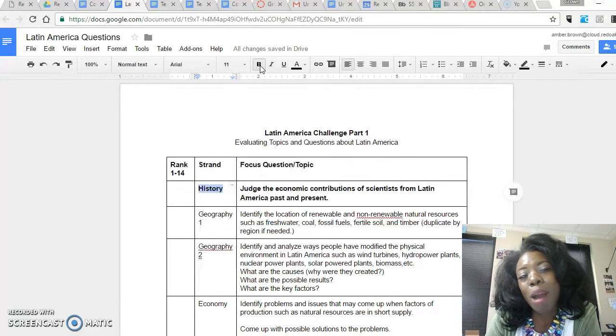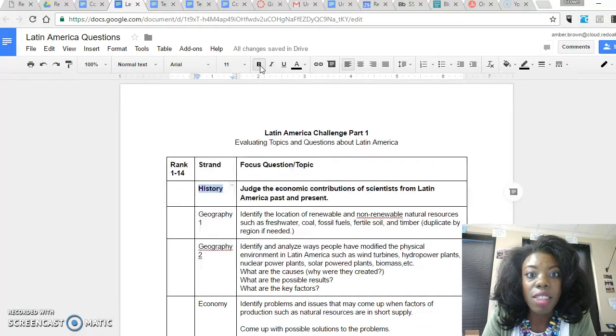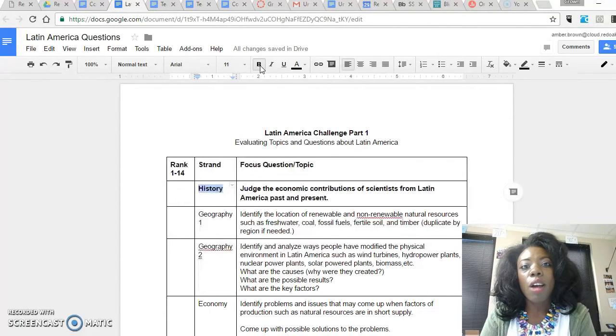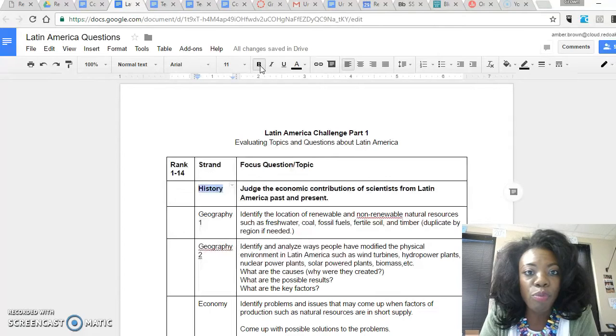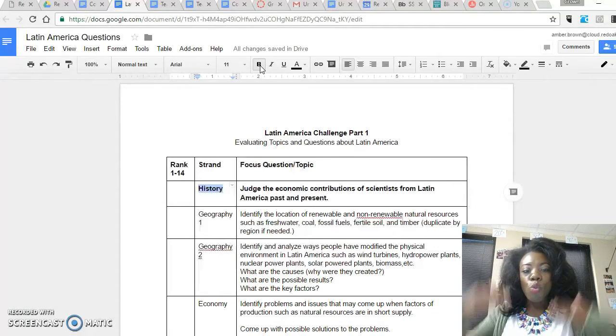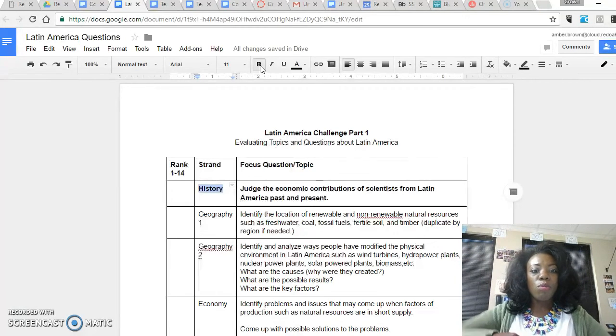And what you'll probably have to do is see what types of energy production is present in those places. Then you need to figure out who is responsible for putting it there. Those would be scientists. So when you've gathered all these different people, you're going to then evaluate.